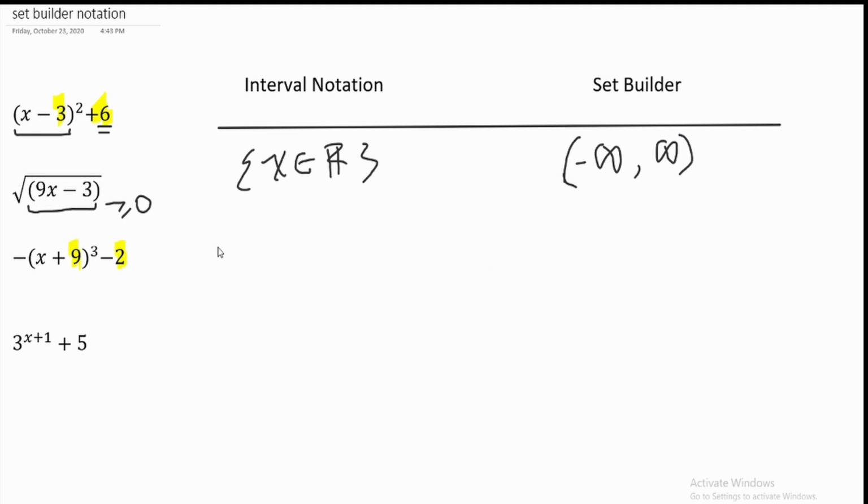Similarly, for our range, there are no restrictions here, so we can put y as an element of the real numbers. And for our set builder, it is the exact same as above. Hopefully that was pretty straightforward, because it's the cubic function, very simple.